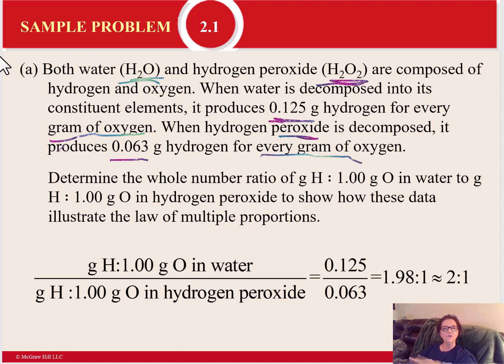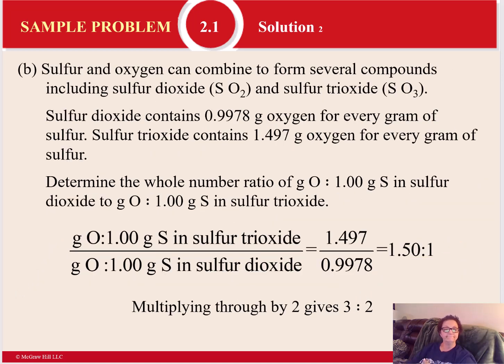So to determine the whole number ratio, we do grams of hydrogen in water versus grams of hydrogen in peroxide. And when we divide those out, we get approximately a 2-to-1 ratio, which is what there are. There's 2 hydrogens and 1 oxygen in H2O. Hopefully that makes a little more sense. But that's basically the law of multiple proportions.